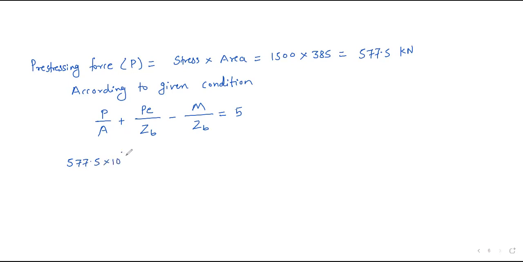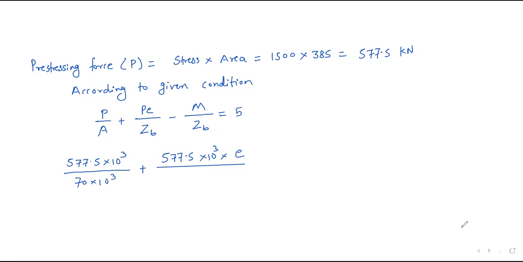577.5 into 10 raised to 3 divided by total area, which is 70 into 10 raised to 3, plus P, the pre-stressing force, 577.5 into 10 raised to 3 into E as it is. We don't know the value of E, that we need to find out, divided by the section modulus at bottom.